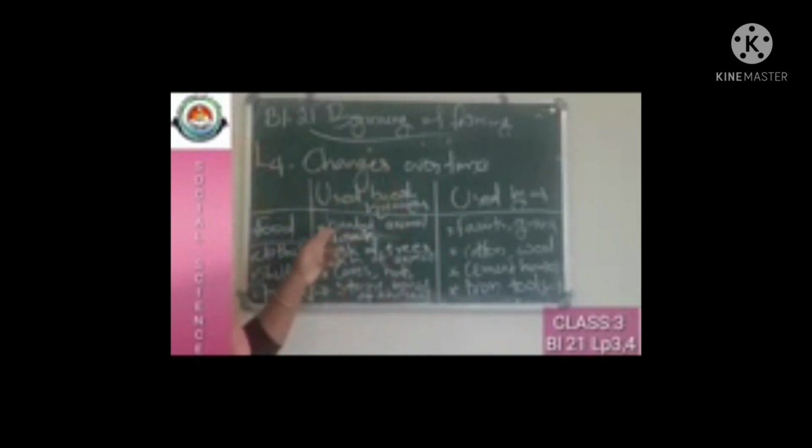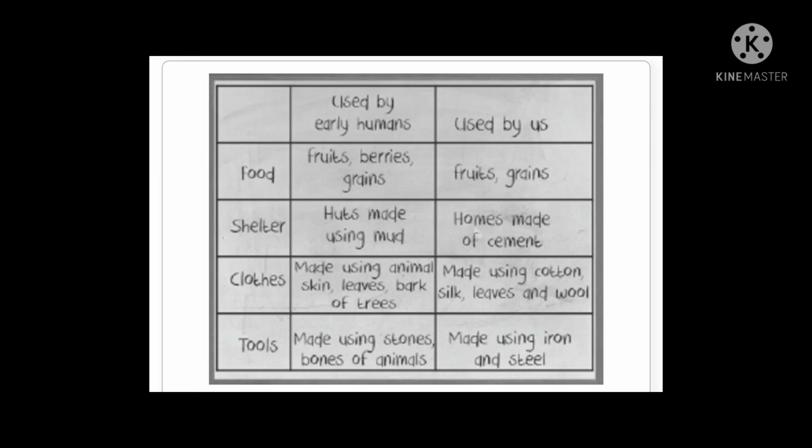What type of food did they eat? Hunted animals, and vegetables and fruits that they got from the forest. What about us? We eat fruits and grains. Then clothes. They wore bark of trees and skin of animals, but now we have cotton, wool and different types of clothes.